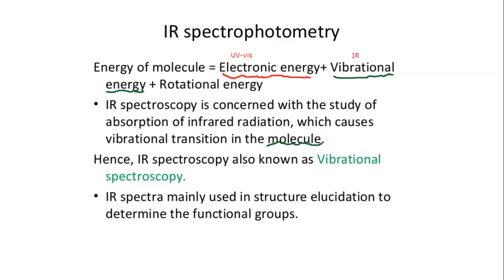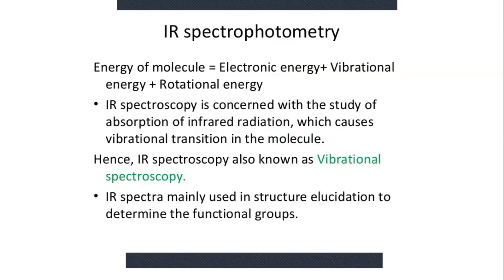Another way to look at IR spectroscopy is we call it vibrational spectroscopy, because the bonds in molecules vibrate. There are different types of ways these bonds can vibrate. And again, this is good to help elucidate the functional groups.